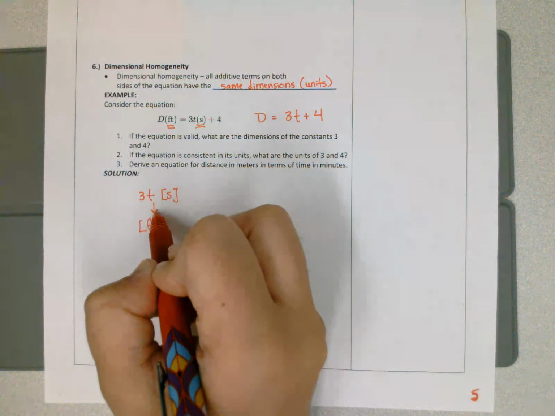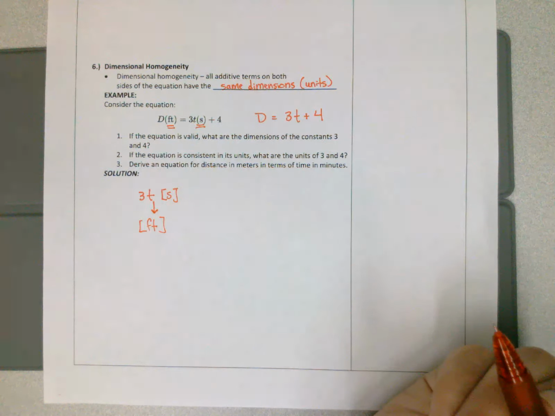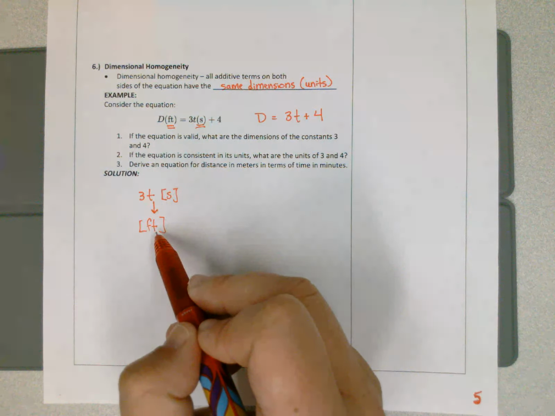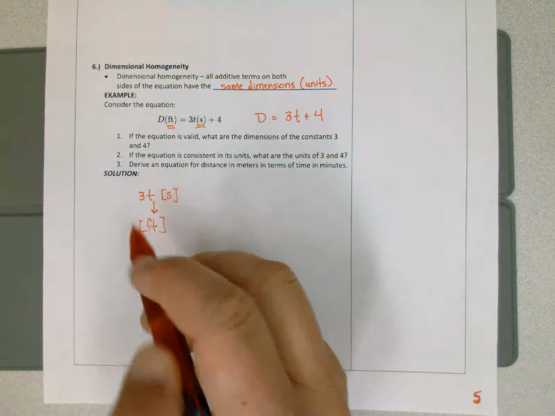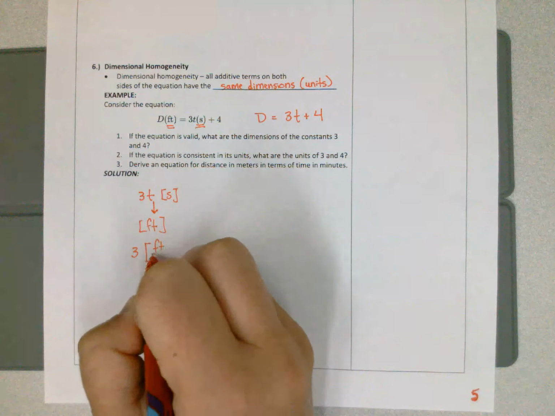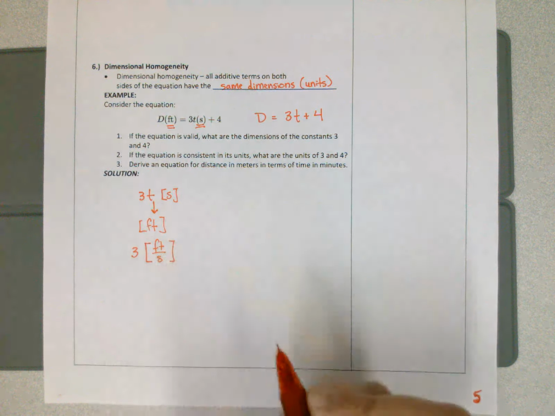So t itself has units of seconds. So in order for us to get feet out of this whole term, 3 itself has to have units of feet per second.